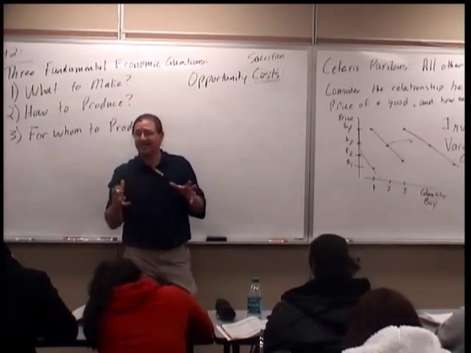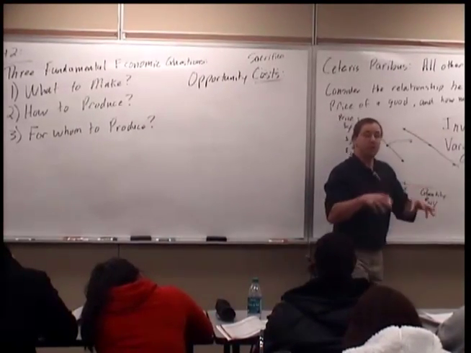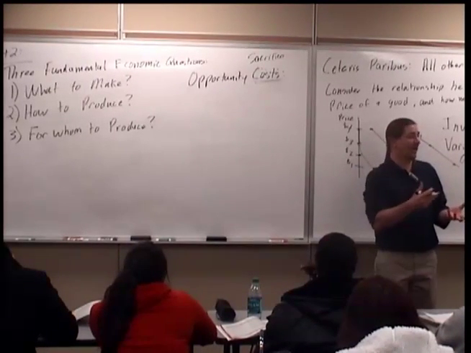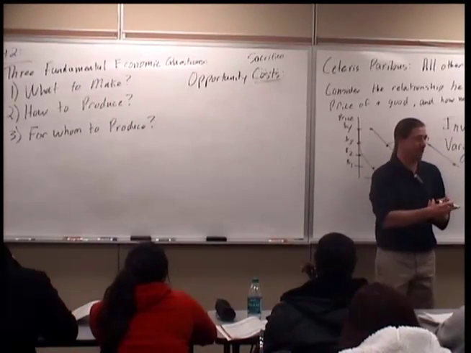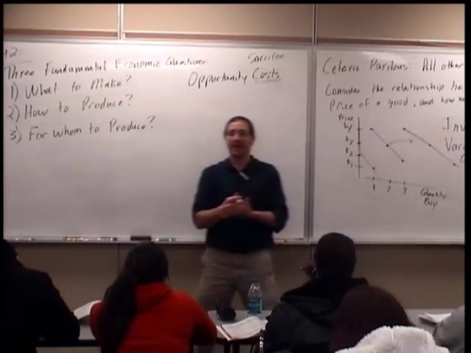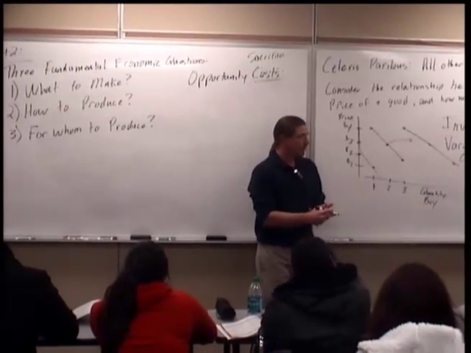So when you decided today that at 1 o'clock you were going to come to class, you could have been doing something else. So you could have been working, right? If you had a job that was available and you could go there, you could work. You could have spent time with your family. You could have just slept, right?